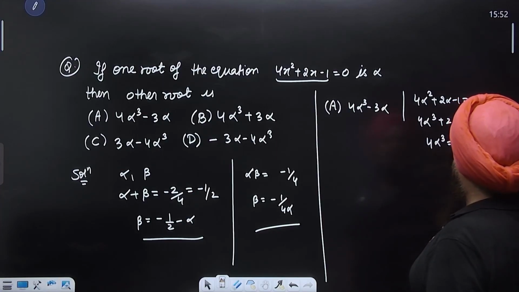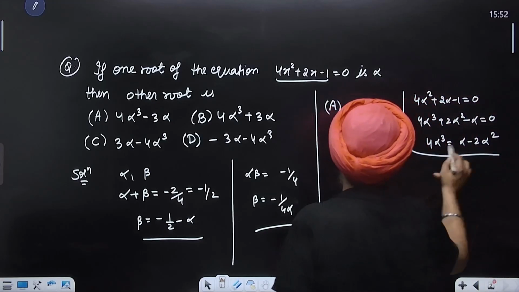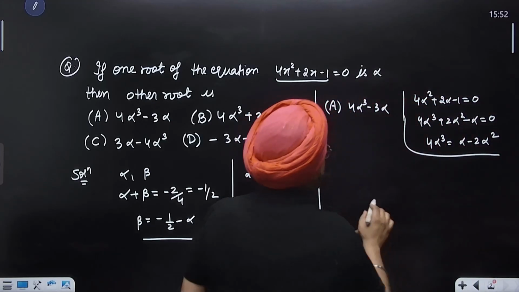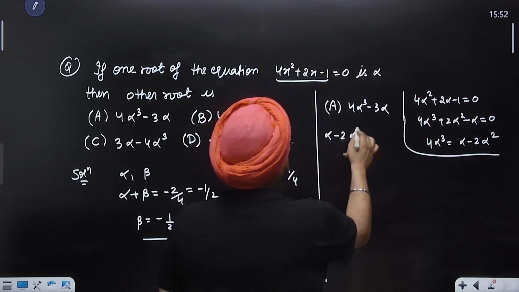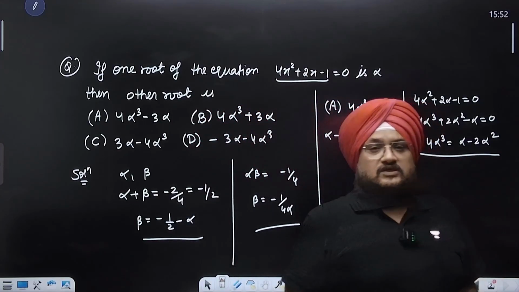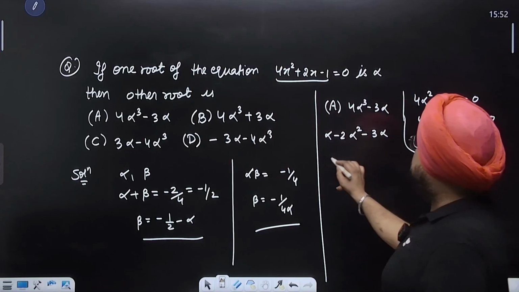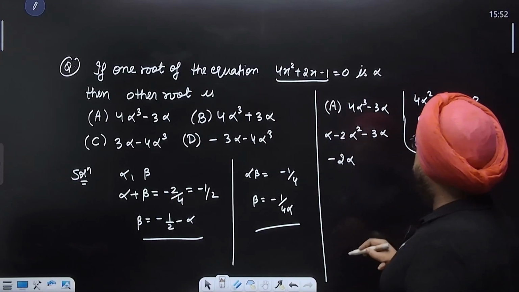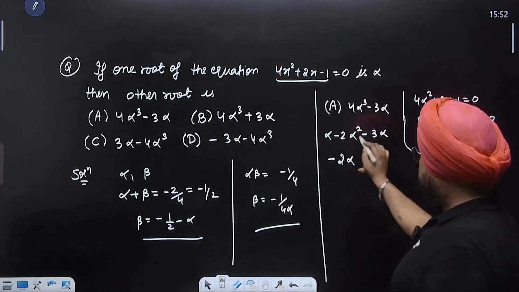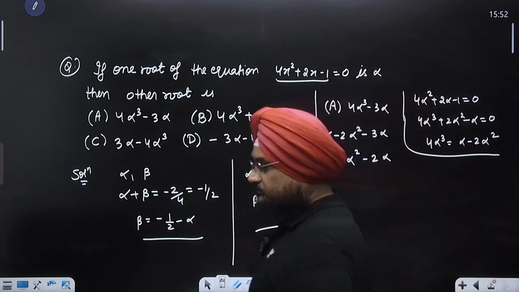So 4 alpha cube is equal to alpha minus 2 alpha square. We can write 4 alpha cube as alpha minus 2 alpha square. Now this expression becomes minus 2 alpha square minus 2 alpha. Okay.